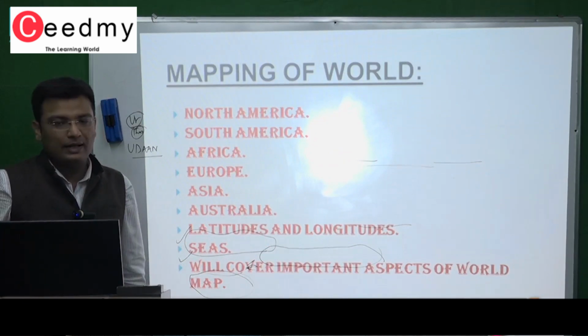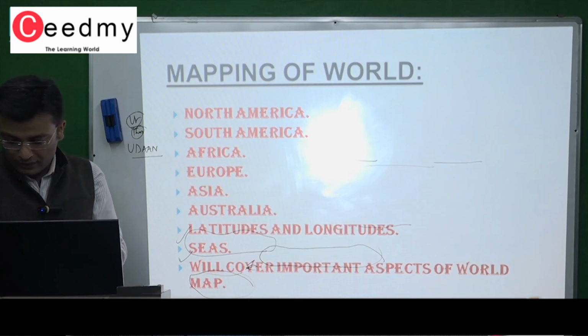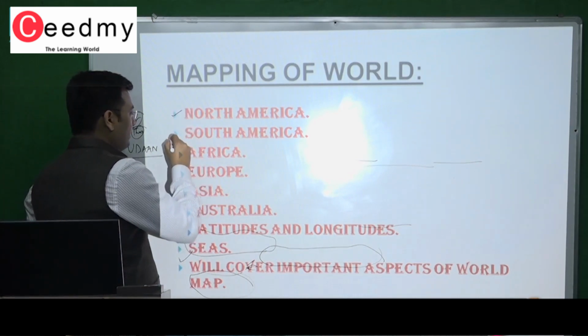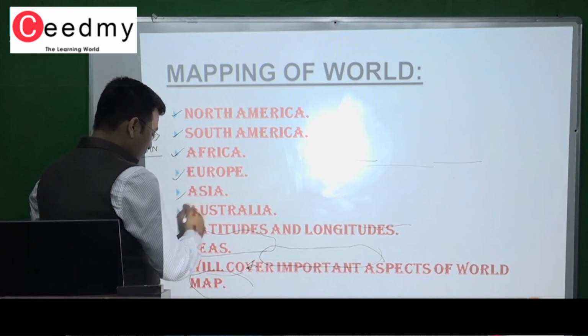Mapping of the world: as I told you, I will take it on a continental basis. First I will start with North America, then South America, then Africa, then Europe, then Asia, then Australia.